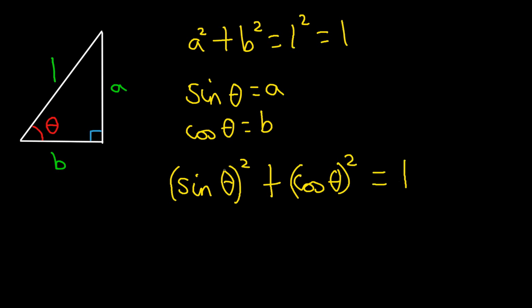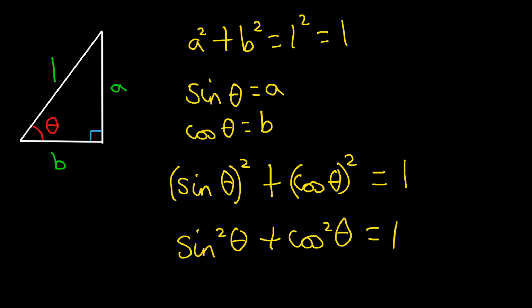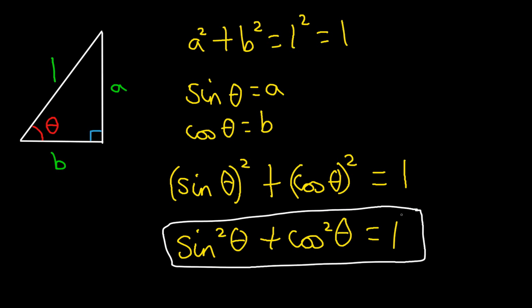It's conventional to write these expressions like so. Sine squared theta plus cos squared theta is equal to 1. And this is our second important trigonometric identity.